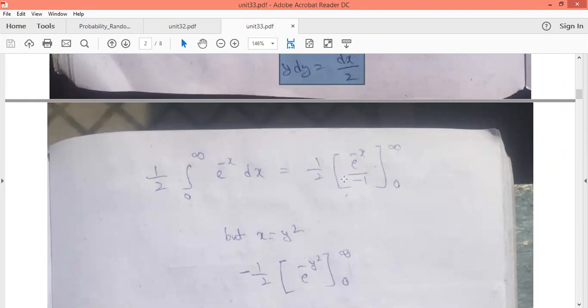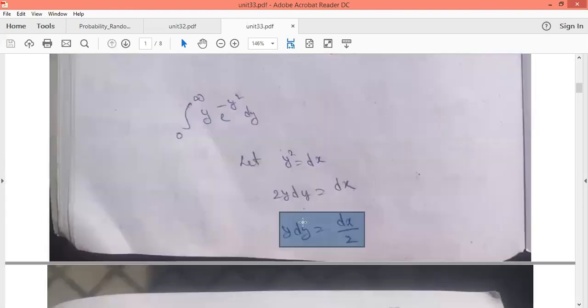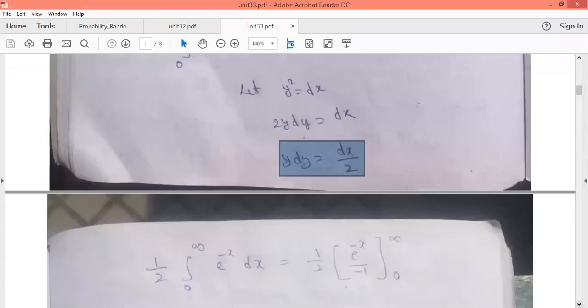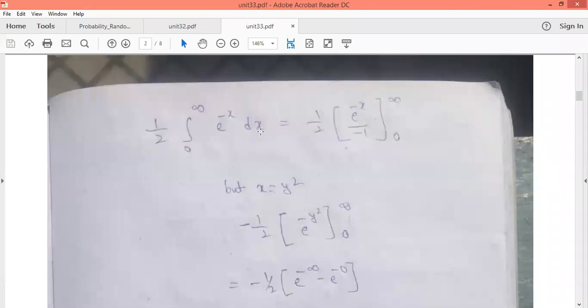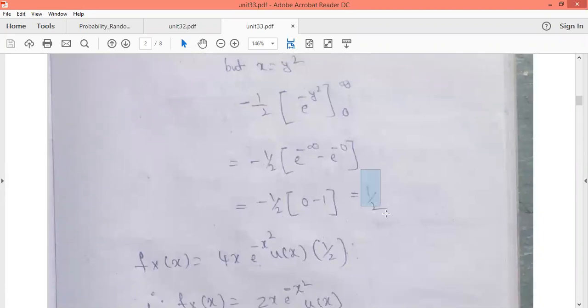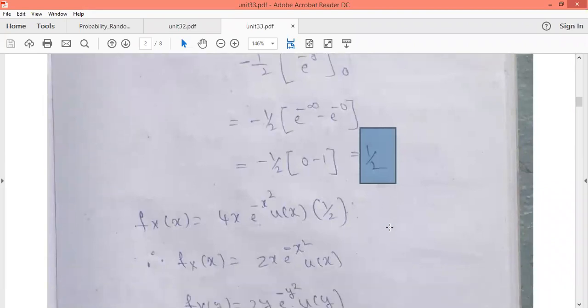Now do this integration from 0 to infinity. What is the substitution? We assumed the variable is equal to y². Substituting the limits, the integral value we got is equal to 1 by 2.